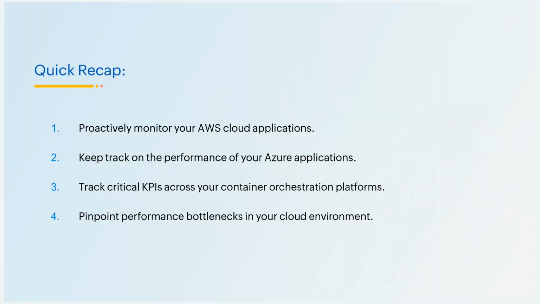Before we wrap up, let's do a quick recap here. First, we discussed how to proactively monitor your AWS cloud applications. This helps us track performance metrics, detect slowdowns, and ensure smooth operations.